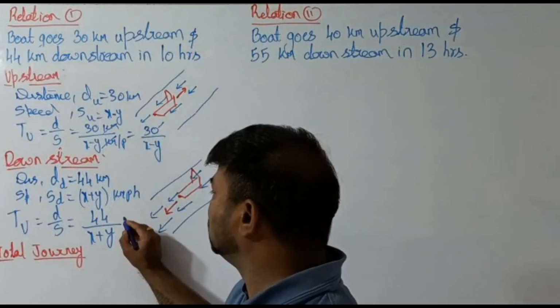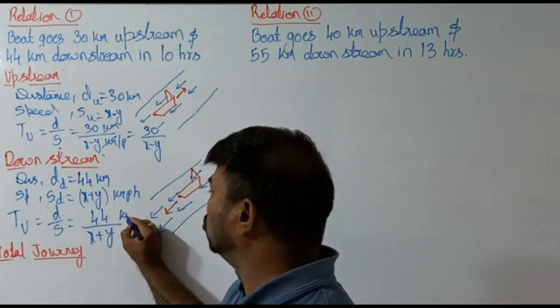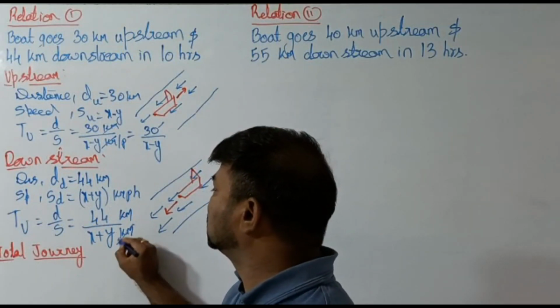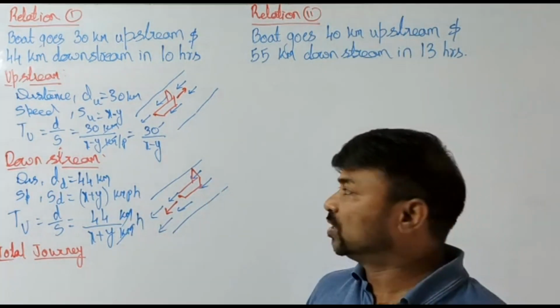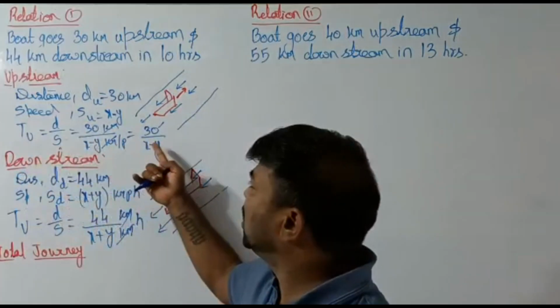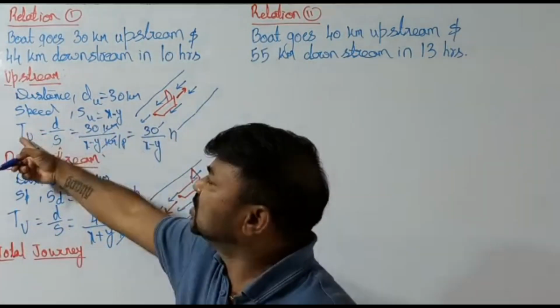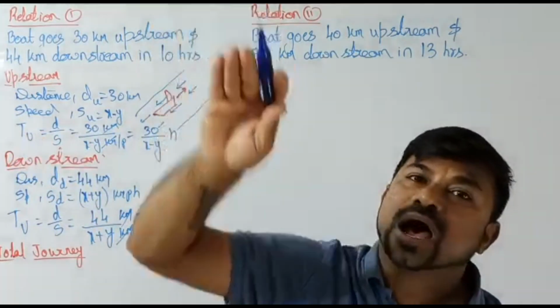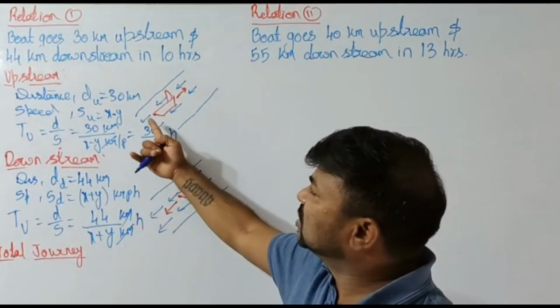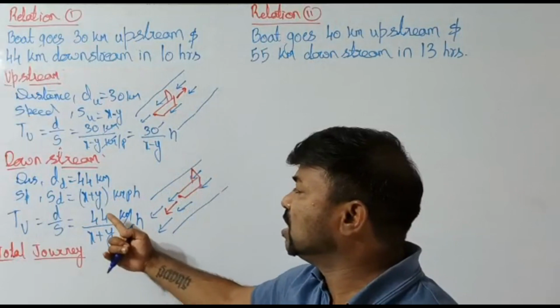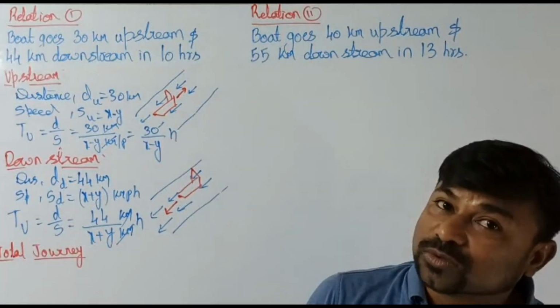Kilometers and kilometers get cancelled, and only hours is left over. This is the time taken. So the time for the upward journey is 30 by x minus y, and here 44 by x plus y.